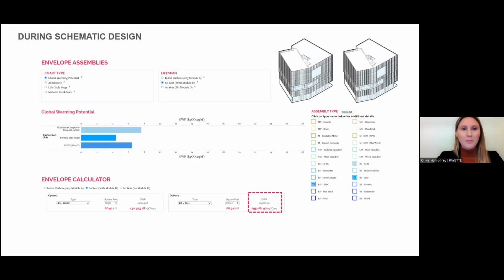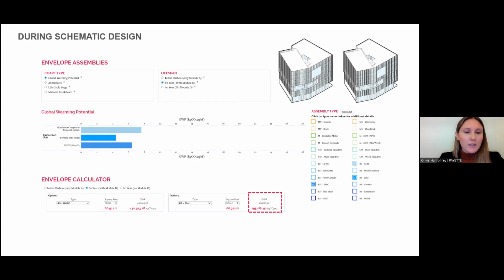And here's another example. This was an academic research laboratory building, and this client was a developer. They didn't have really rigorous sustainability goals, but we wanted to see during schematic design how much of a reduction we could get just by swapping some things here and there.